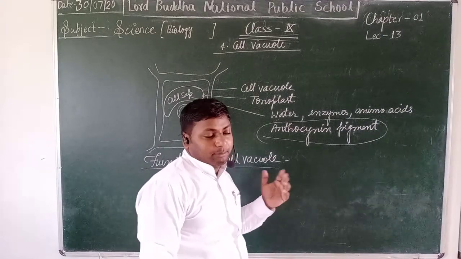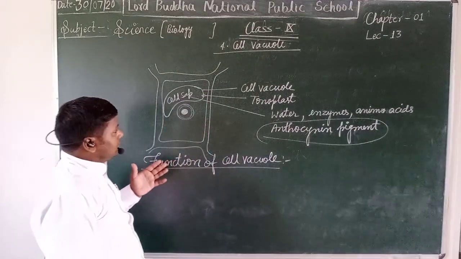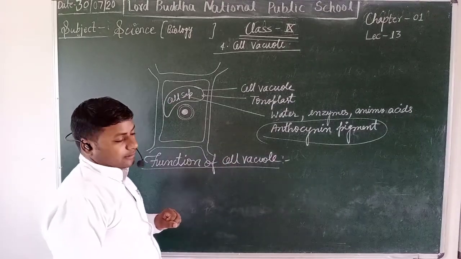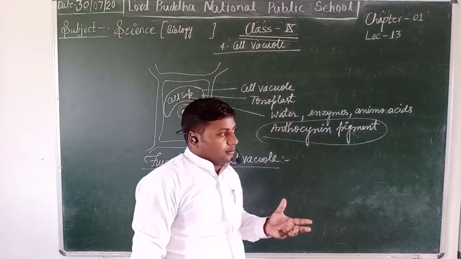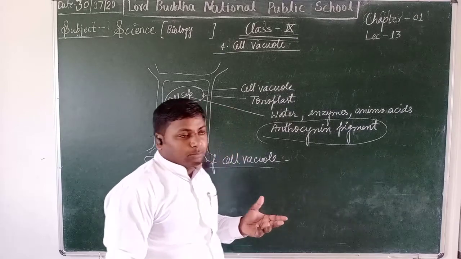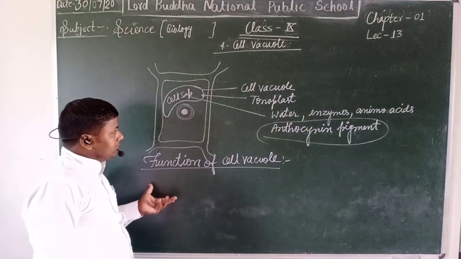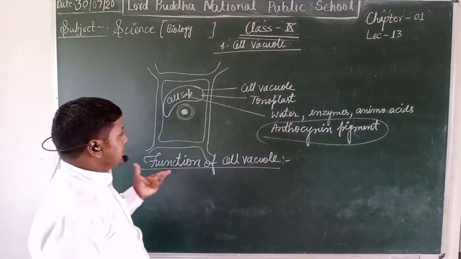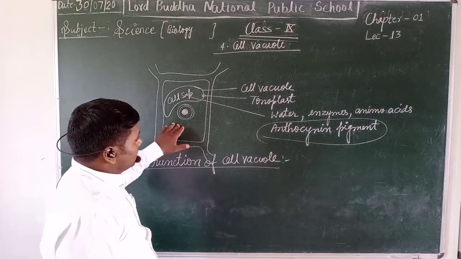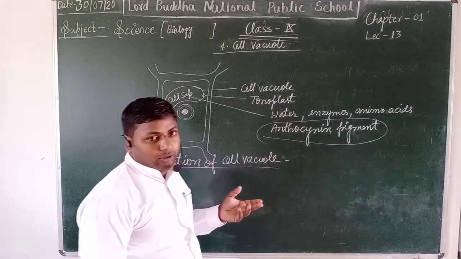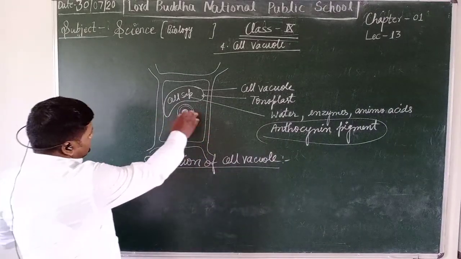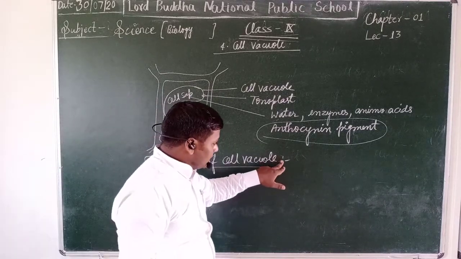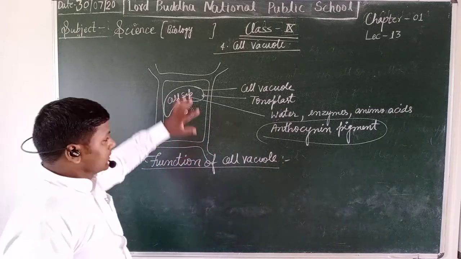Because it contains about 90% of the fluid of the cytoplasm inside its membrane, and when drought conditions take place for a long duration, it supplies water to the various cell organelles to perform all kinds of vital and metabolic activities. So students, the cell vacuoles are known as the water reservoir of the plants.